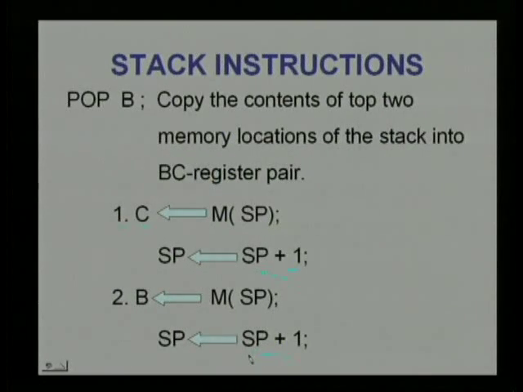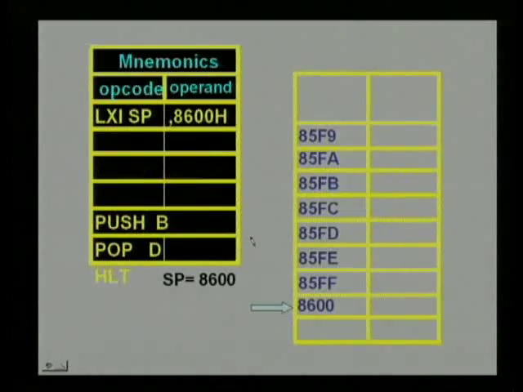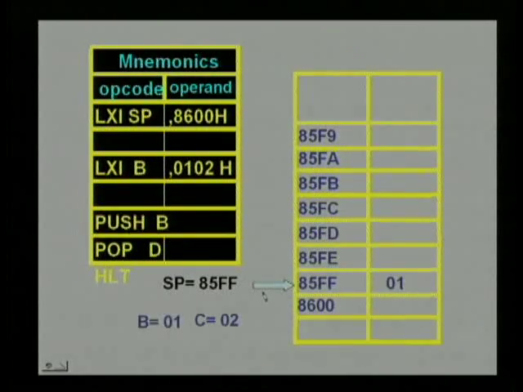Let us take one example and see. So this is very similar to our previous example, except we have pop D instruction. Let us see, first stack pointer is initialized with 8600, then register BC pair is loaded with 0102, then we are pushing BC contents onto stack.